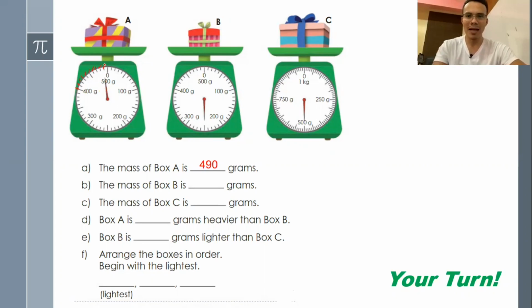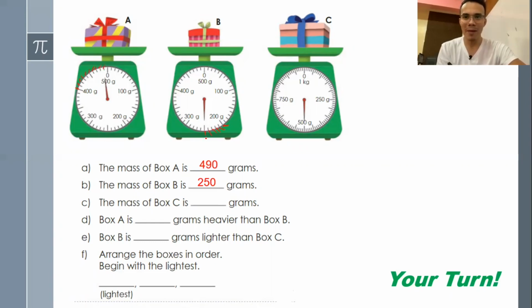What about the mass of box B? The mass of box B is 250 grams. And how did I get 250 grams? Let's start at 200 and count in tens. 200, 210, 220, 230, 240, 250. 250 grams.